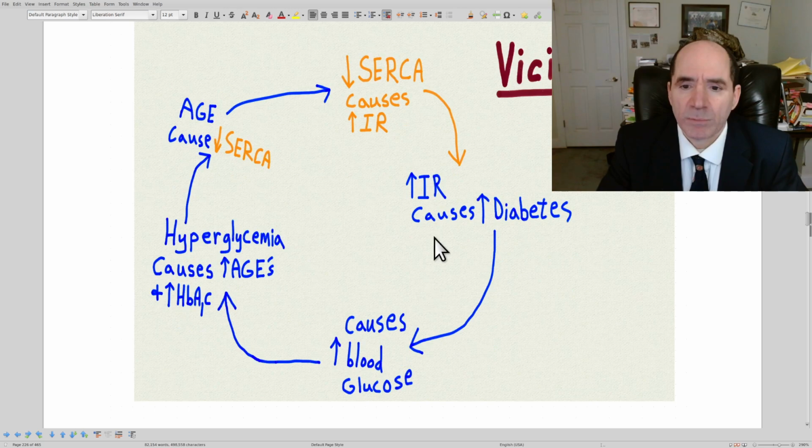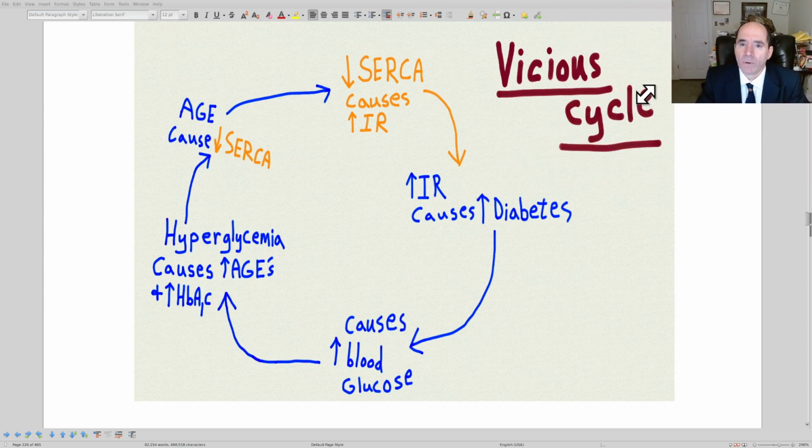And the problem with a lot of these conditions is you can end up in a vicious cycle whereby the decrease in the Circa is going to lead to insulin resistance, and then when you have increased insulin resistance, it's going to end up causing glycation, advanced glycation end products that are going to damage Circa. So it's a self-reinforcing vicious cycle where it just makes itself worse and worse. And in general, Circa inhibition correlates with hemoglobin A1C.